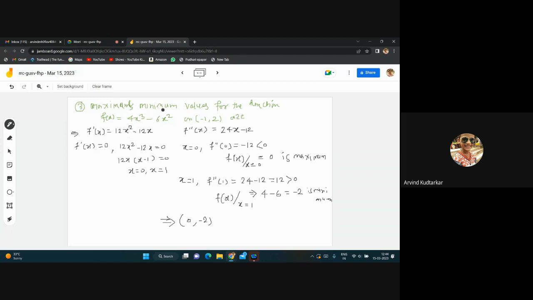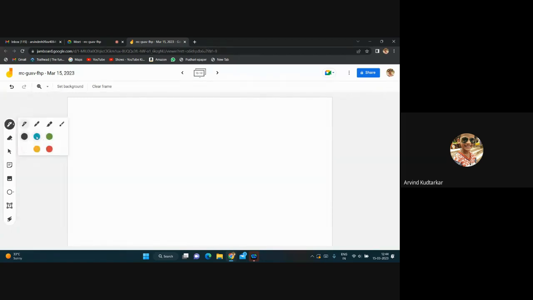So the next application of differential is to find the interval for which the function is increasing or decreasing.